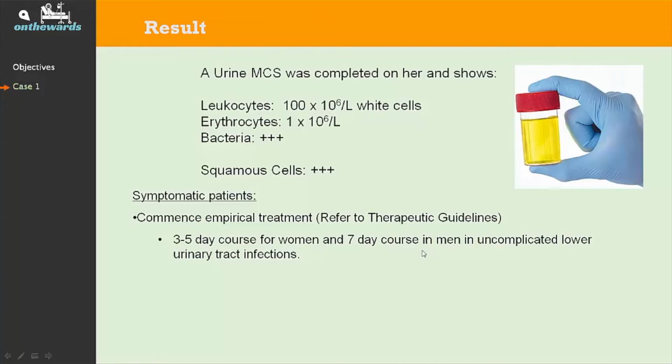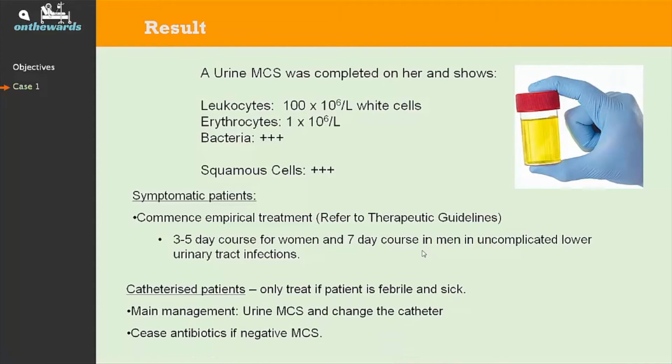Okay. Now, what about catheterized patients? Well, if patients are catheterized, you only treat if the patient is febrile and unwell, because there's no need for antibiotics if they don't have any signs of systemic infection.